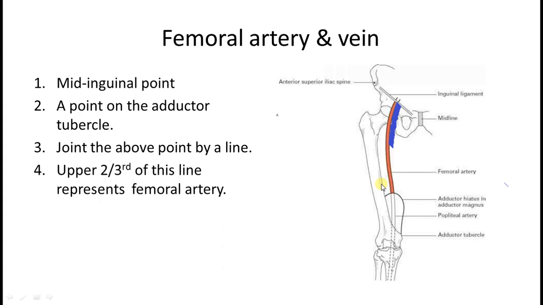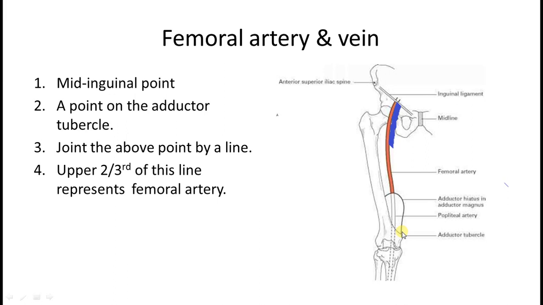From the mid-inguinal point to the adductor tubercle, you should not completely draw to the adductor tubercle. The upper 2/3 of this line you draw, and the remaining 1/3 you erase.